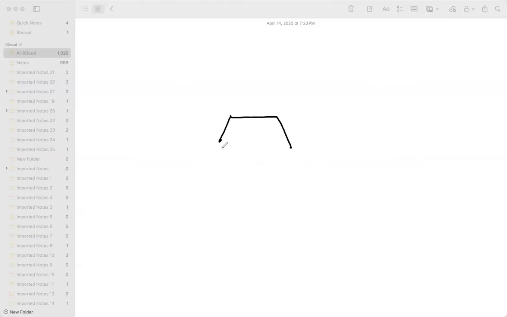How about this? Johan, you tell me. I want to know whether these two trapezoids are what, Johan?